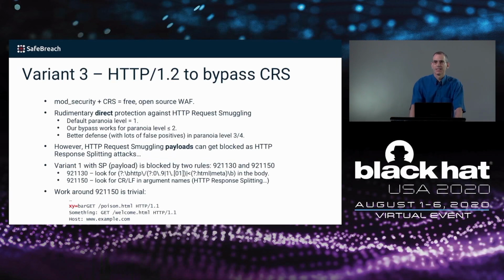Working around the last one, the 150, is trivial. We just move the attack from what ModSecurity considers the argument name to the argument value by prepending a bogus or fake argument name, xy equals something, and then we move away from being an argument name.